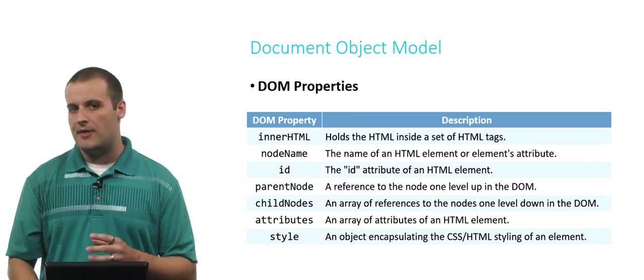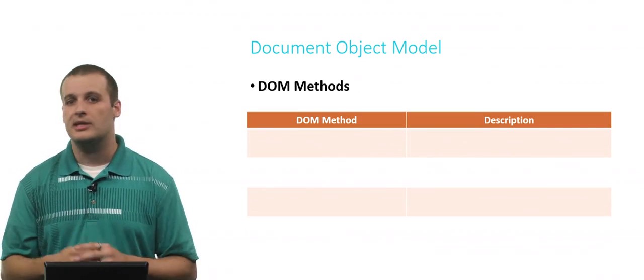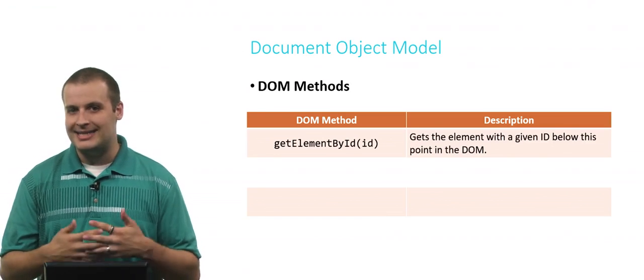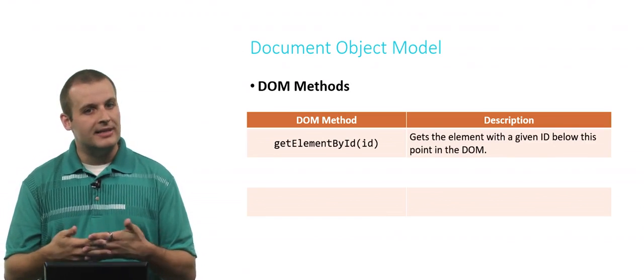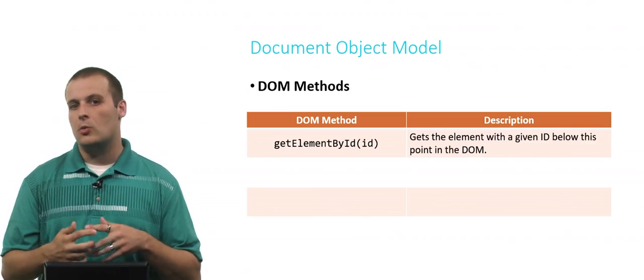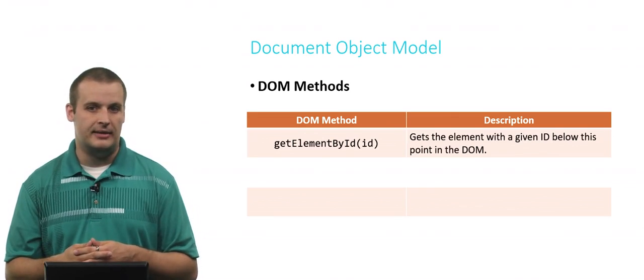There are also 4 common methods that you might see, and again, there are many more beyond this, but here are 4 that you might use as you're beginning to work with the document object. Get element by ID, and notice that now, because we're talking about methods, these are all functions that may optionally take parameters. In this case, we're looking for an element with a specific ID. That's the parameter being passed in there.